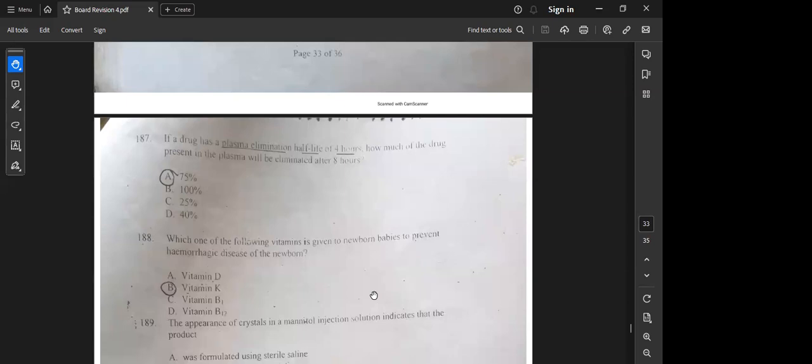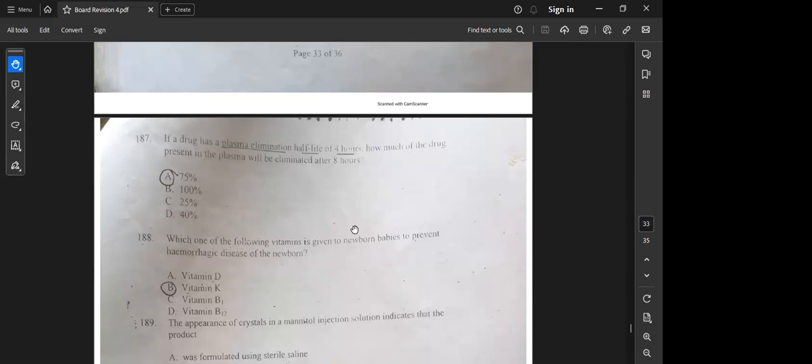But in such a case, it's just obvious. When the question is asking for the half-life and you're given the K value, you use 0.693 divided by K, and you get your half-life.